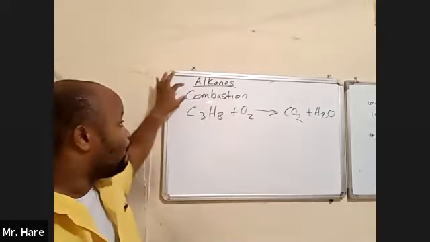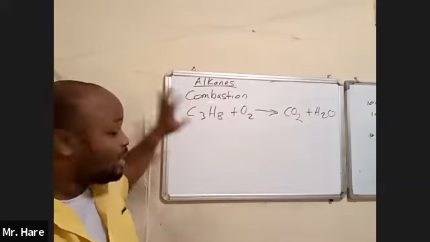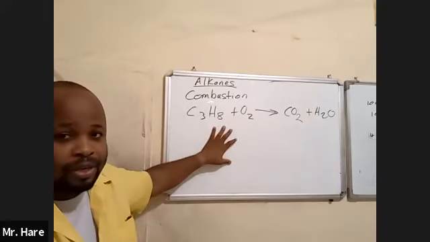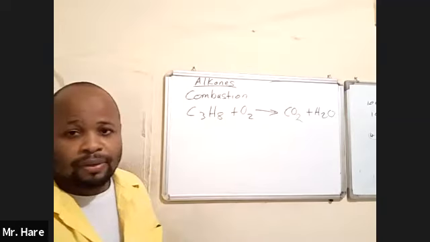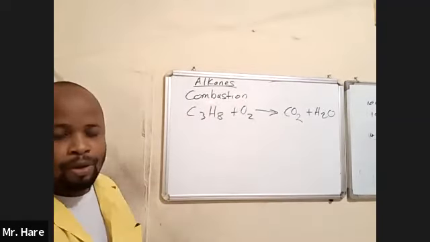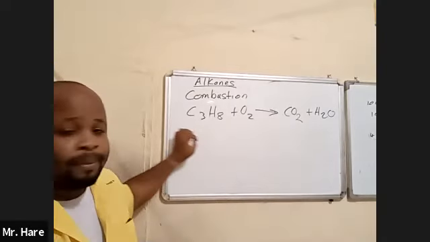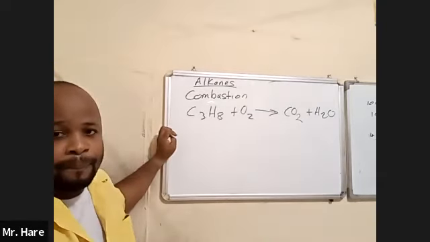That is it for combustion. All right, this is it, nothing more, just an equation. The alkane plus oxygen give carbon dioxide and water. So we have to balance it. Yes, ma'am, we have to. So I'm going to do that next.